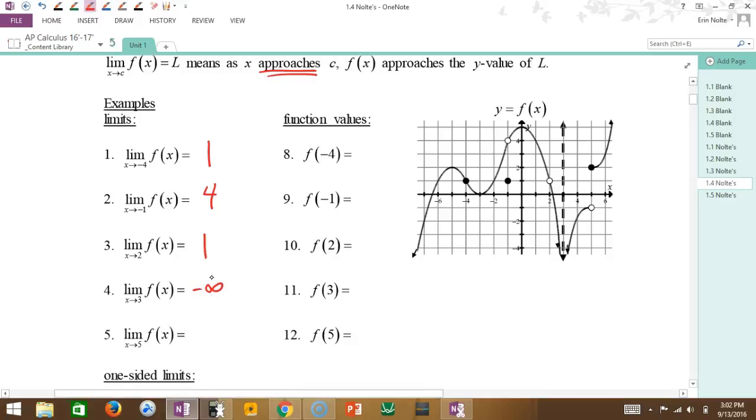What is infinity? It's like an idea. I can't hand you an infinite number of pencils. So they're going to say, well, that doesn't exist. That's not a number. You have to give me a number. If it's not -infinity, then what is it? It does not exist.